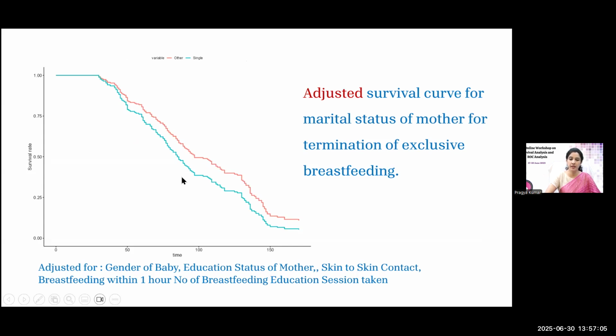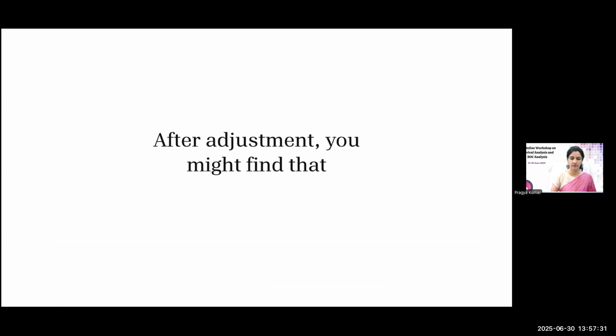That means as compared to single mothers, non-single women had a better survival probability of termination of exclusive breastfeeding. So we can say that this is not confounded by literacy, which is what we were thinking initially. Now you have the independent effect of this variable, marital status, single versus non-single.